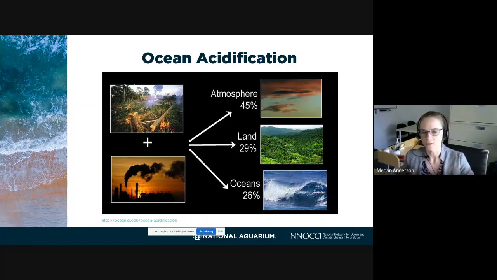It shifts the balance of hydrogen ions in our ocean to make our oceans slightly more acidic. Our ocean is still basic, but this is causing our oceans to become more acidic, which is making it harder for animals, especially animals with shells, to form their shells and get the ingredients they need out of the ocean.